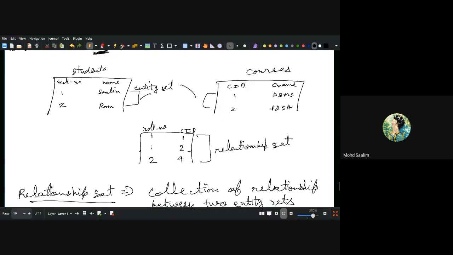Okay. Yes, sir. Great. So now we truly understand the meaning of these different things, right? That comes again and again in an ER model. Now let's understand attributes and its types.